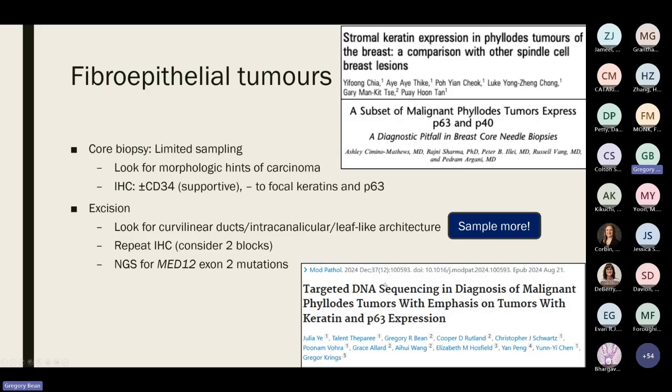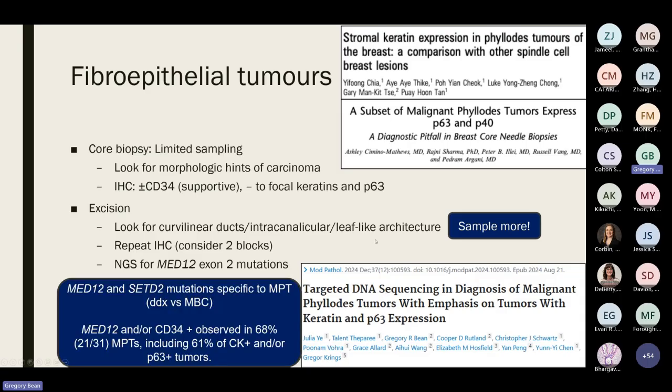I really like this paper. This is mostly Gregory Bean's paper, where he looked at a series of cases that were malignant phyllodes tumors and metaplastic carcinomas, did CD34 staining, keratin and P63 staining, as well as NGS, and basically was able to use NGS in the presence of a MED12 mutation and or the presence of CD34 positivity to see them in 70% of malignant phyllodes tumors, and that included cases that had keratin and P63 staining, some of them pretty patchy P63 staining.